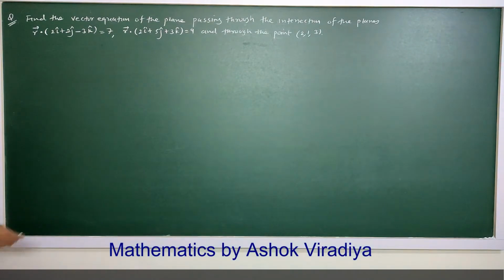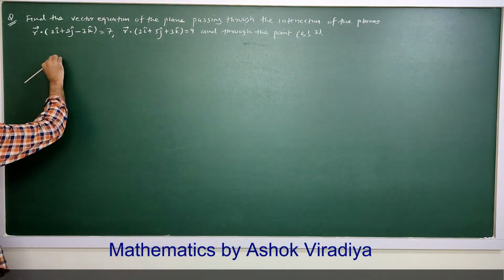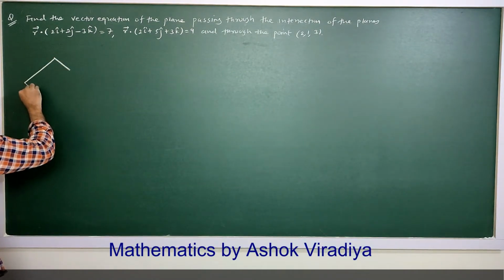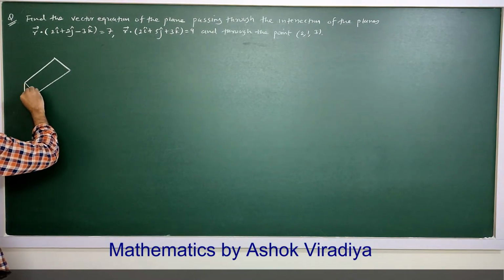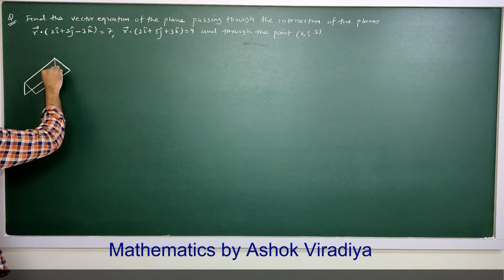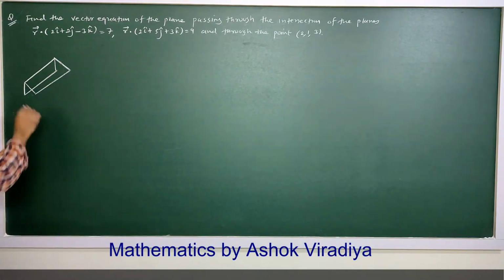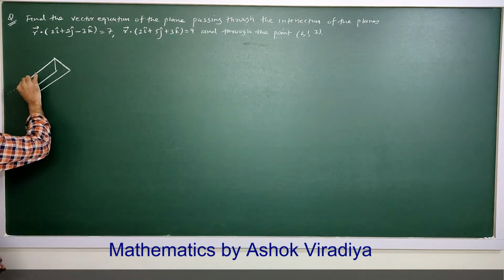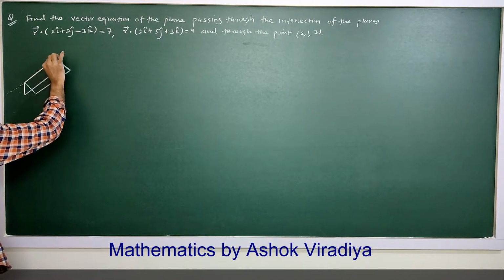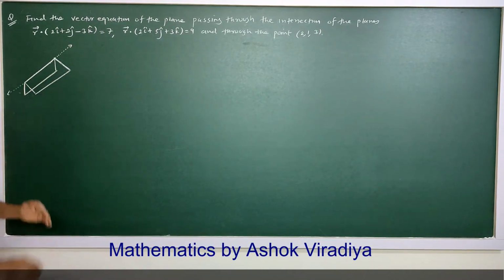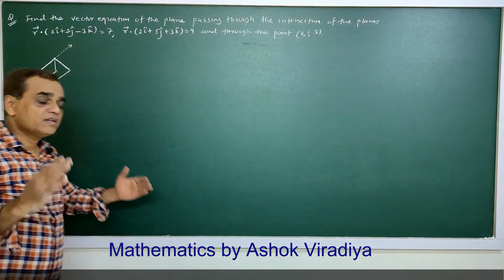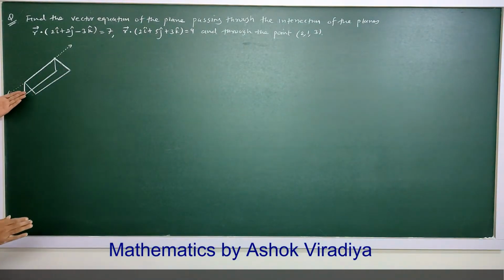The meaning of the question is that if two planes are given, this is plane 1 and this is plane 2. Suppose these two planes are given. Then when two planes are intersecting, an intersection line is formed. And there are infinitely many planes passing through this line other than these two planes.